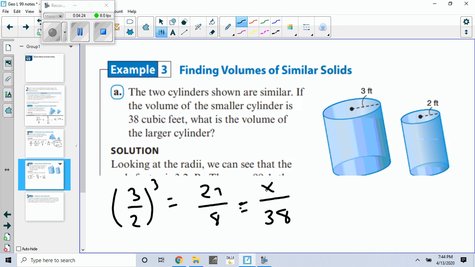So we're going to set up a proportion, 27/8 equals blank over 38. And then we're going to use our calculator. When we use the bow tie method, we would figure out that x equals 128.25, and it's going to be feet cubed.